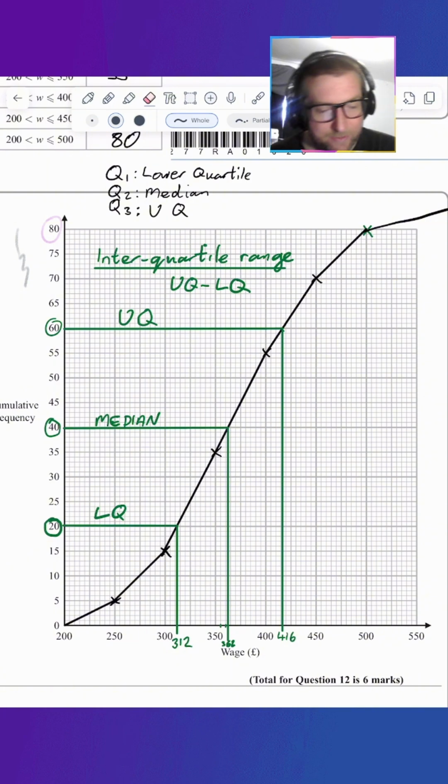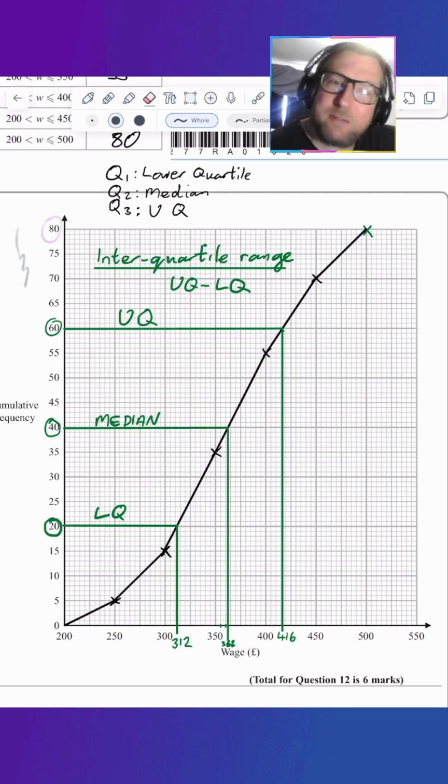That would mean the range was affected massively by this one piece of data. But that is an outlier. We might not actually be interested in that. So by just focusing on the middle 50% of the data, we can get a more reliable measure of how spread out the data is.